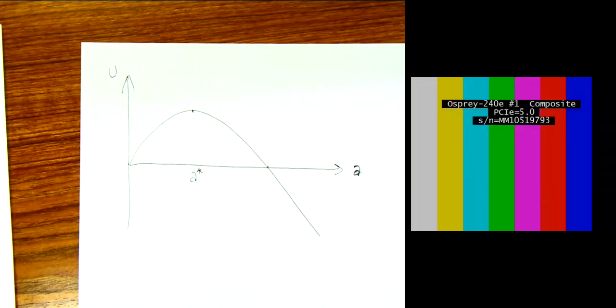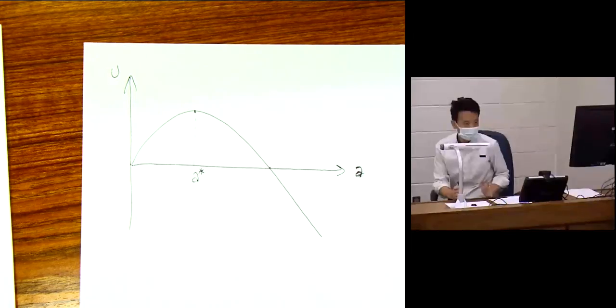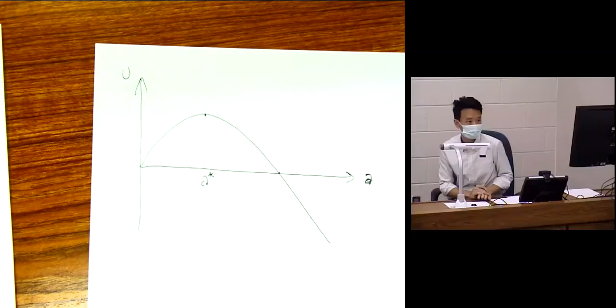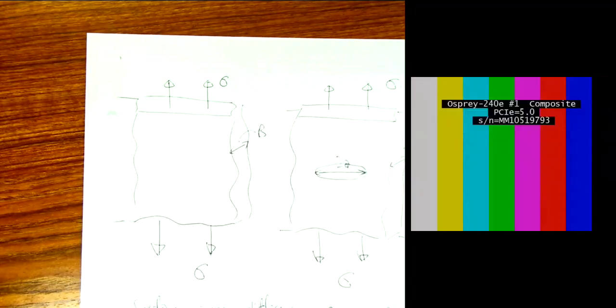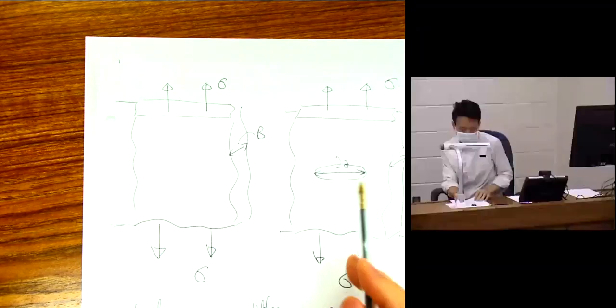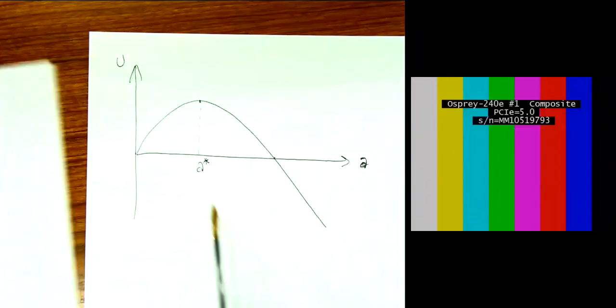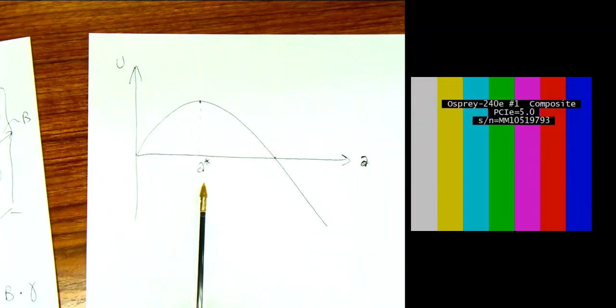So let's, for example, consider two cases. The first case is that we have a crack that is larger than A star, right? So think about this, right? A is yet to be specified. This is a general variable. Let's say that I make a crack that is larger than A star. Okay, we're going to calculate what A star is, right?